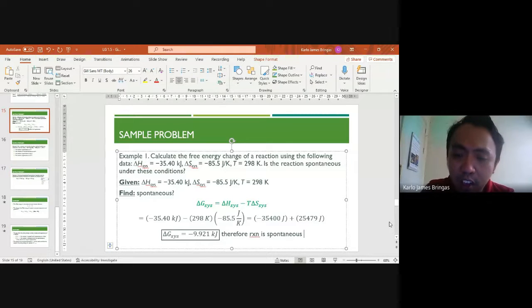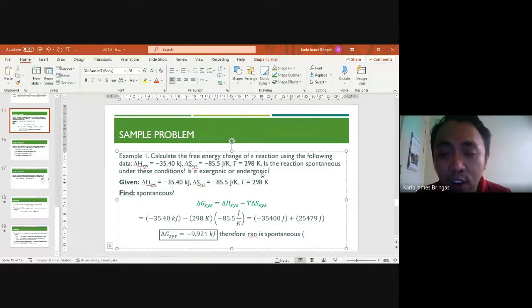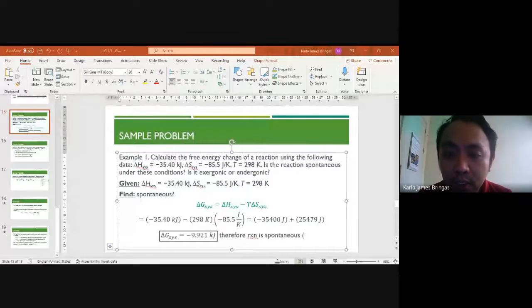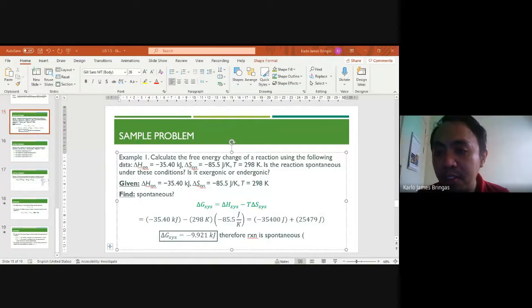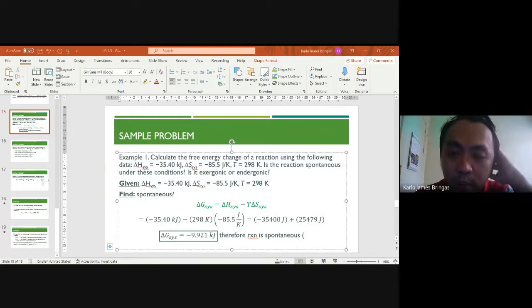As an additional na lang rin for us to be able to practice that concept, so let's also try to determine, is it exergonic or endergonic? Maybe this time we can hear from other members ng class. So can you tell me, based sa sign ng delta G, do we have an exergonic or endergonic process? So other members ng class na wala pa nakapag-air out ng kanilang ideas.